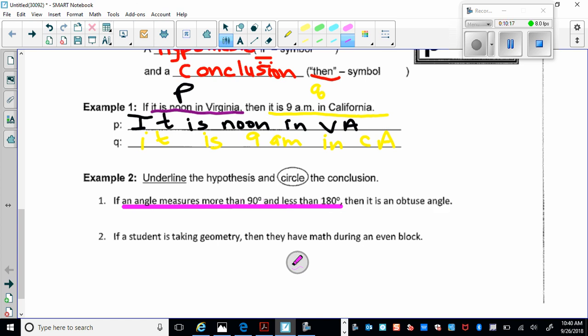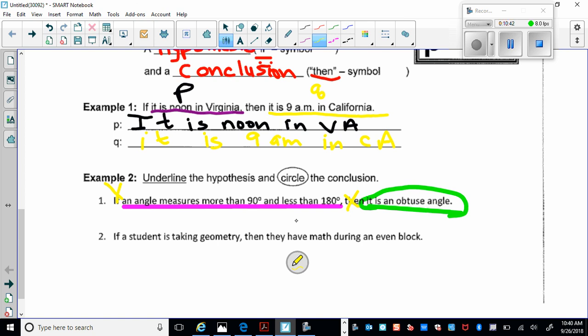Everything that follows if is going to be my hypothesis. Everything that follows the then is my conclusion. And they want you to circle it, right? The conclusion. So we're just going to circle it. It does not include the if, or the then. You always have to make sure you don't include them, okay? Cross that out, and I'm crossing that out.